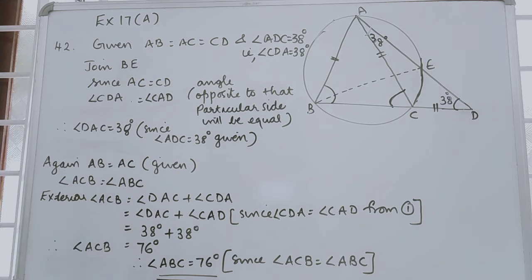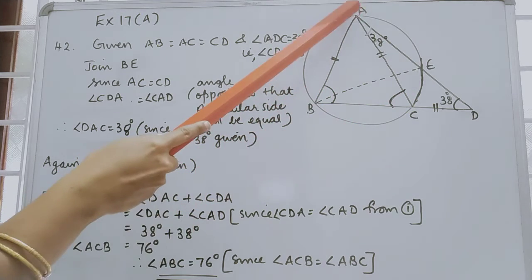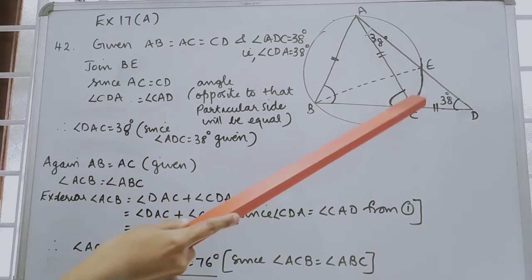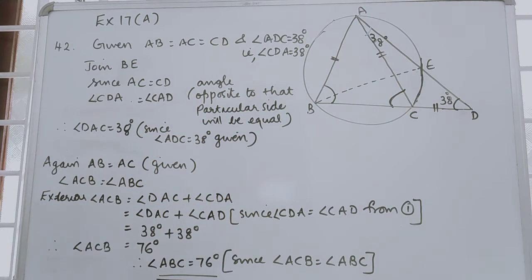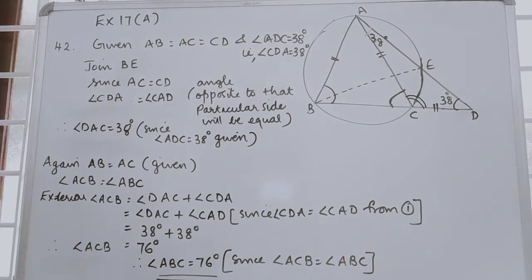Then consider the exterior angle ACB. Look at this exterior angle. If you are considering triangle ABC, the exterior angle of angle ABC will be this one. Exterior angle ACB is equal to angle DAC plus angle CDA. Once again, look at the figure.